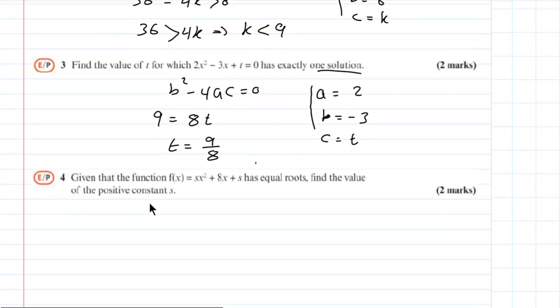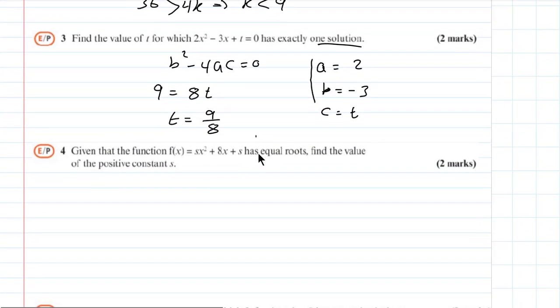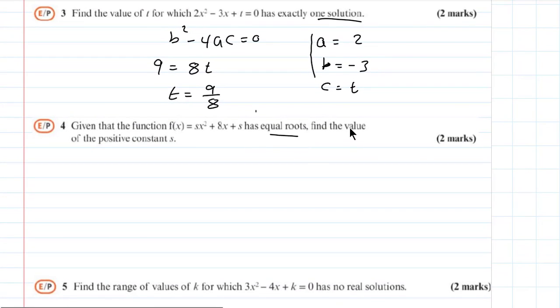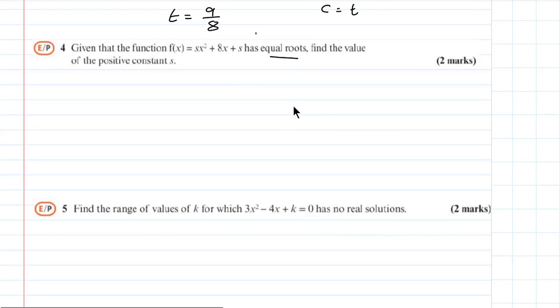Number 4, given that the function f of x equals sx squared plus 8x plus s has equal roots also, find the value of the positive constant s. Okay, very good. The same scenario, we will write here the values of a, b, and c. A is s, b is 8, and c also is s. And in this case, b squared minus 4ac should equal 0.